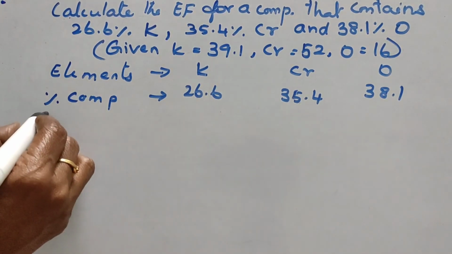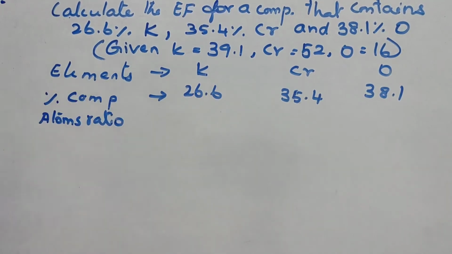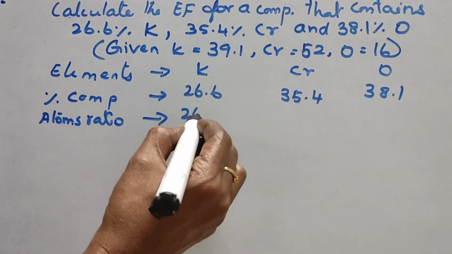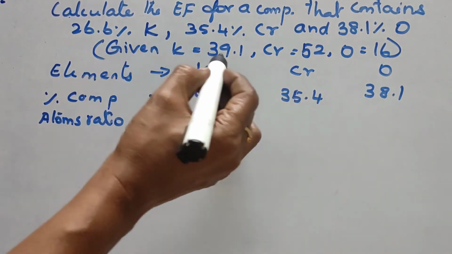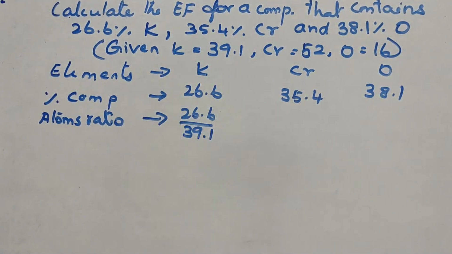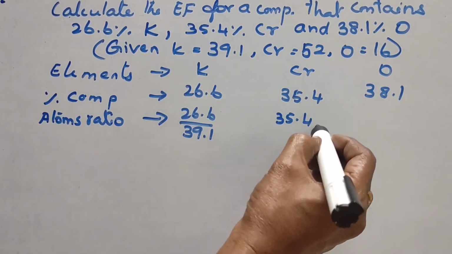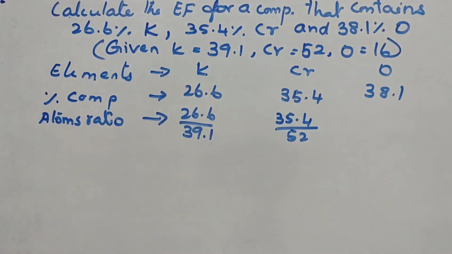Next, atoms ratio. 26.6 divided by its atomic mass 39.1. Next, chromium, its atomic mass is 52, so 35.4 divided by 52.